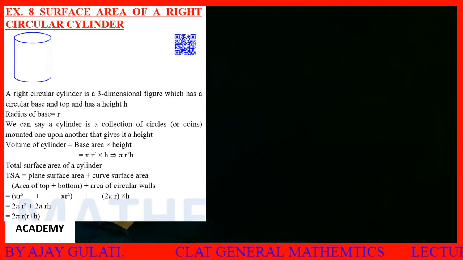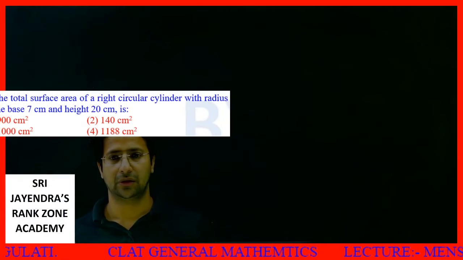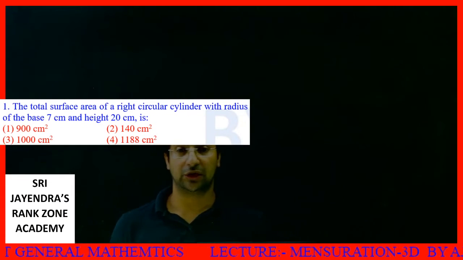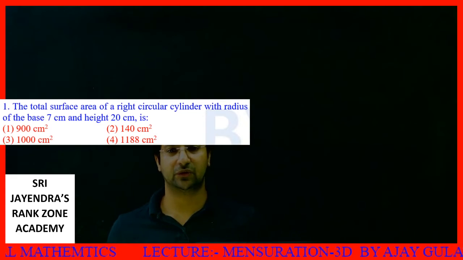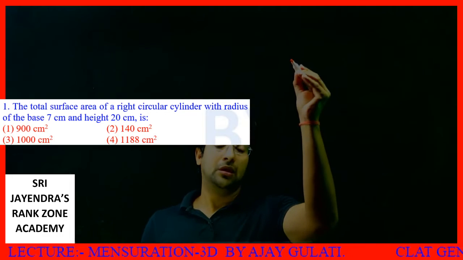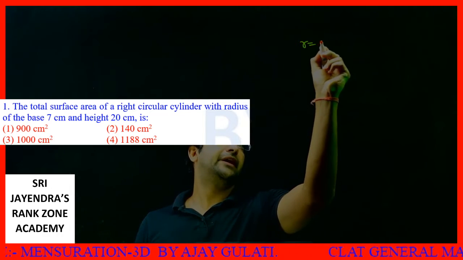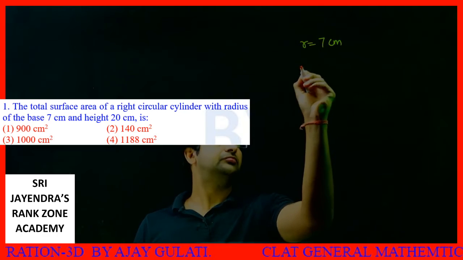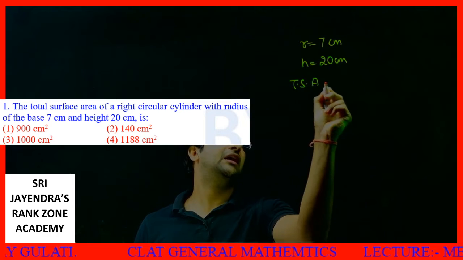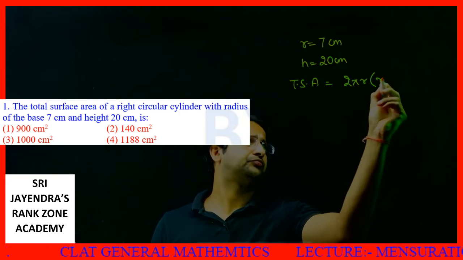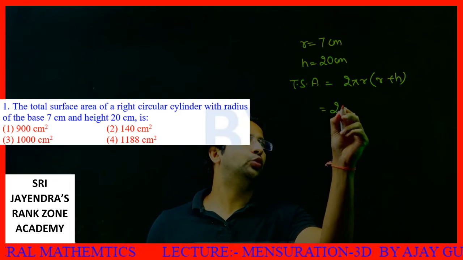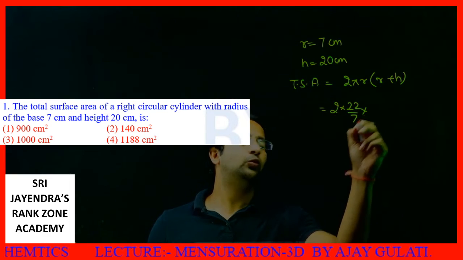So next thing, the total surface area of a right circular cylinder with radius of the base 7 cm and height 20 cm is? Radius of the base is 7, height is equal to 20 cm. We need total surface area, which we have discussed: 2 pi r (r plus h), or I can say 2 into 22 by 7.